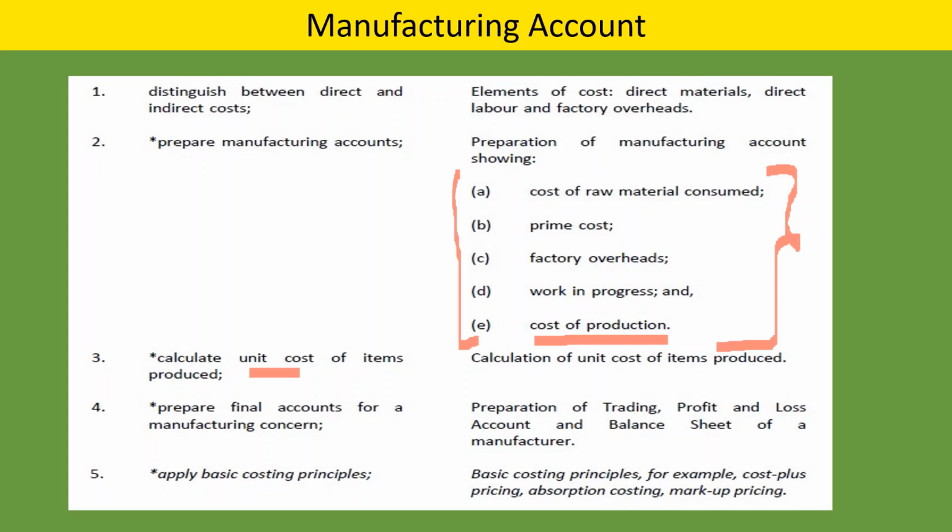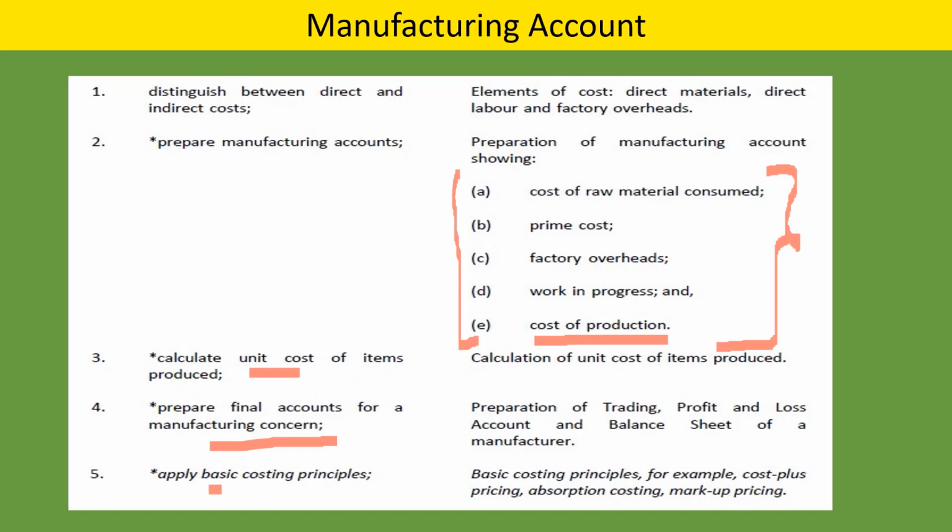The difference in the balance sheet is you will have three inventories: one for raw materials, one for finished goods, and one for work in progress. So prepare final accounts for the manufacturing concern, and those three items you'll have to produce.